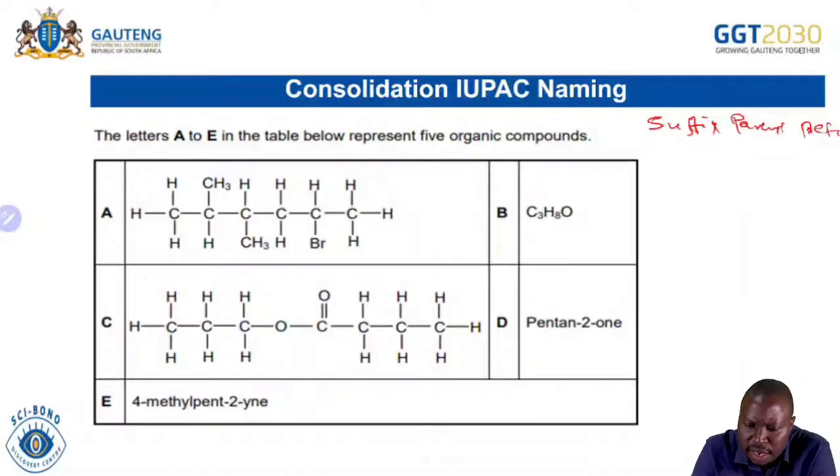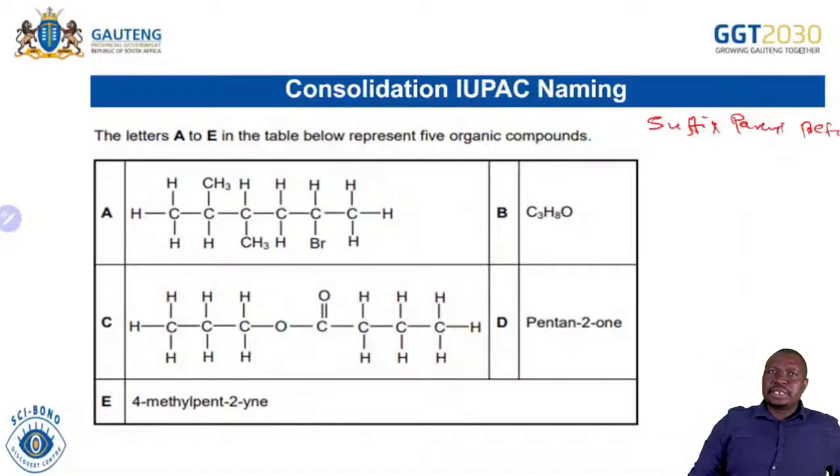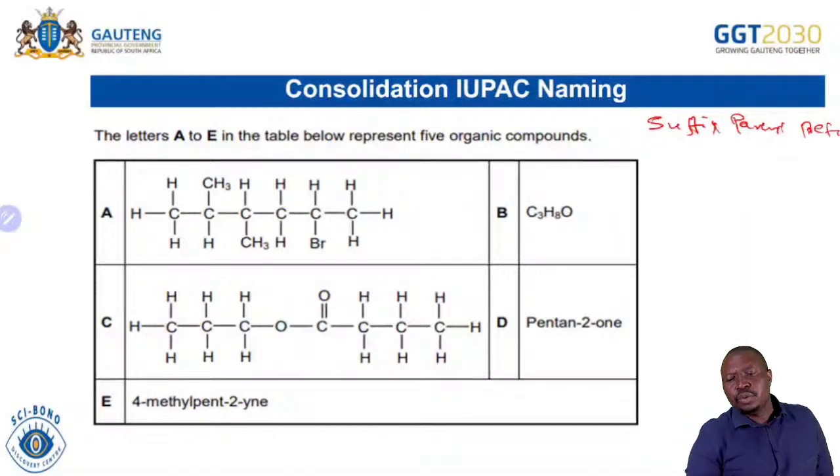Now, if we look here in terms of the suffix, we are asking, what is the functional group here? Do you have a double bond? Do you have a triple bond? Do you have any other functional group? No functional group. I know you might think that bromo is there, so bromo must be a functional group, but remember the name, we call it haloalkane.